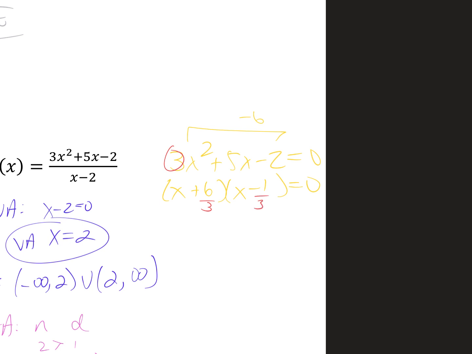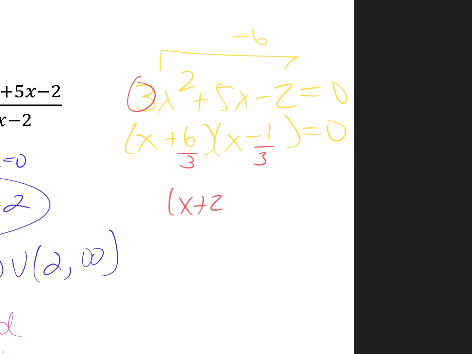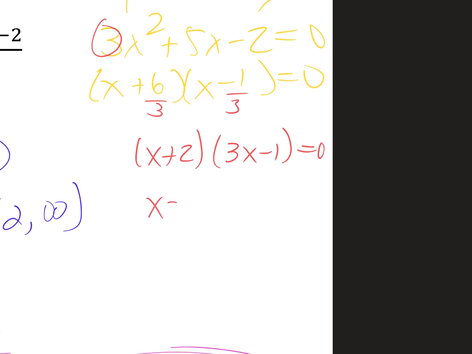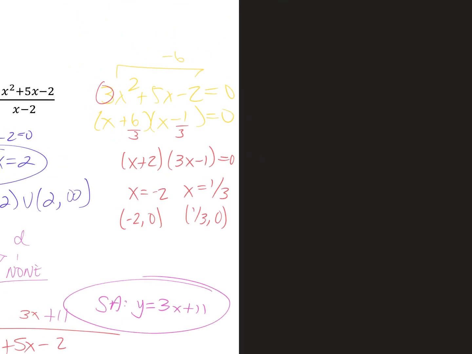I have to divide each term by that because a is not 1. So I have x plus 2 and 3x minus 1 equals 0. So when I solve this, I have x equals negative 2 and x equals positive 1/3. How do I write my intercepts? As ordered pairs. So (-2, 0), (1/3, 0). There's your x-intercepts.